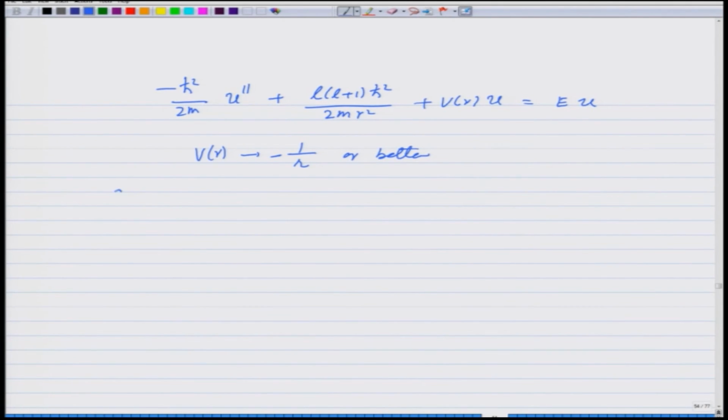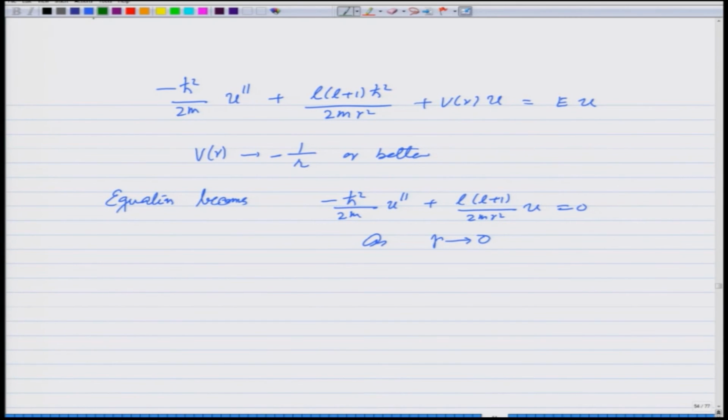The equation becomes minus h cross squared over 2m u double prime plus L(L+1) over 2mr squared u equals 0 as r tends to 0, because I can neglect Eu, I can neglect V(r), and therefore, this is the equation that becomes.